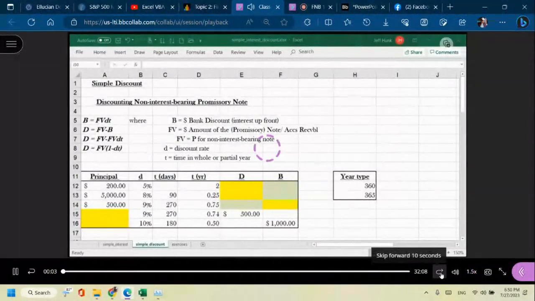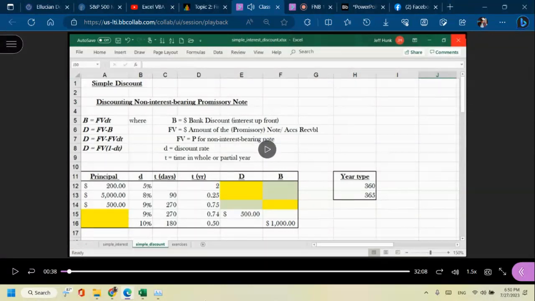Hi, welcome back. The topic today is simple discount. Now, to understand what a simple discount is, we need to introduce a new terminology called promissory note.